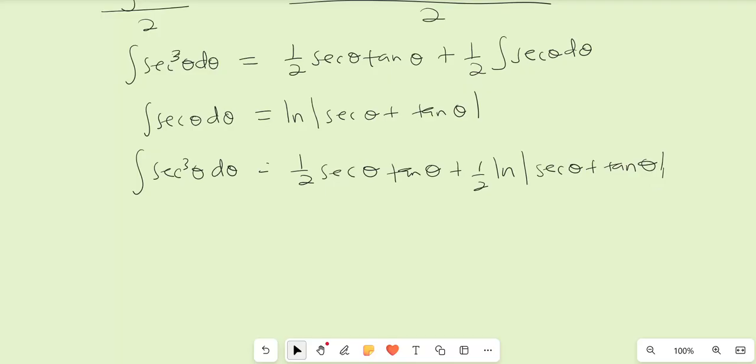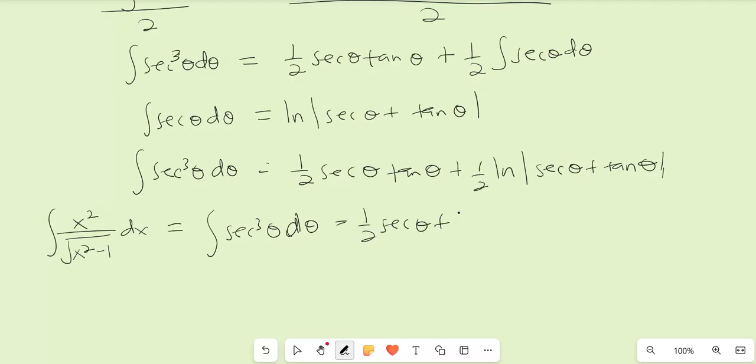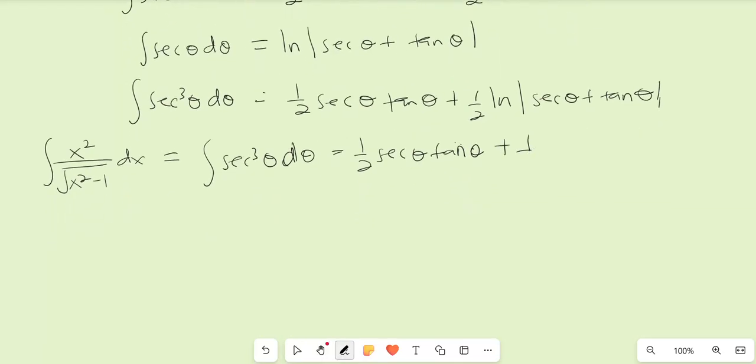But we know that our original integral, the integral of x squared over the square root of x squared minus 1 dx, was reduced to the integral of secant to the third power of theta d theta. And we have to evaluate that in terms of x.